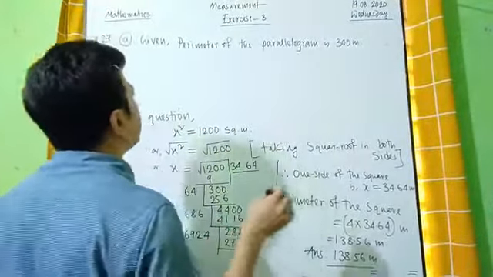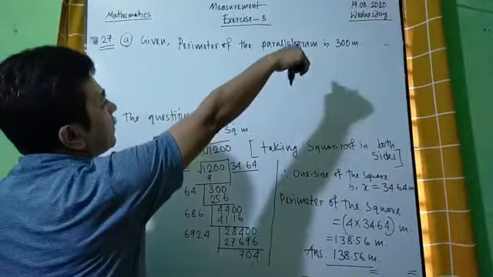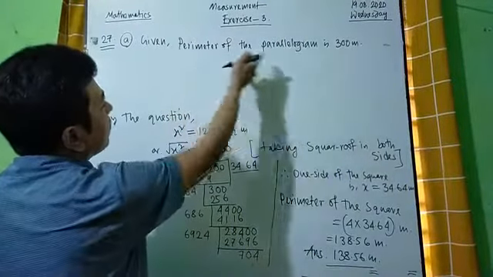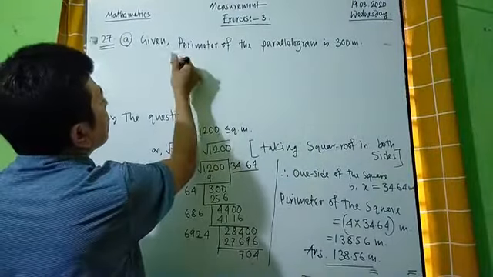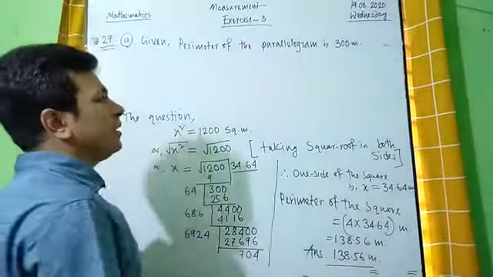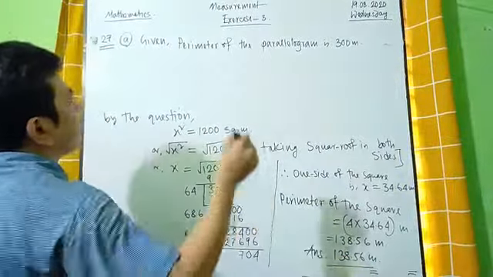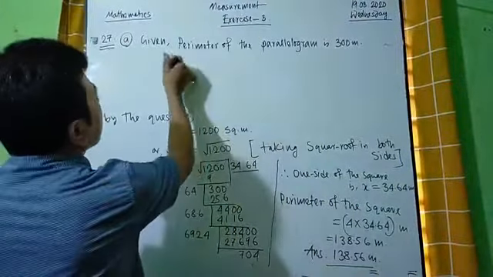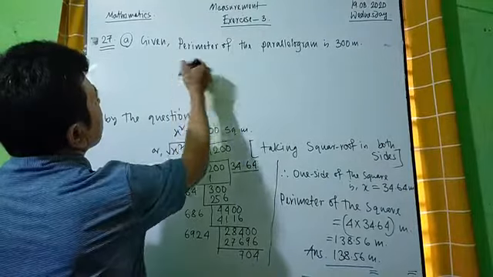So we can write 1000 meter equals 1 kilometer.